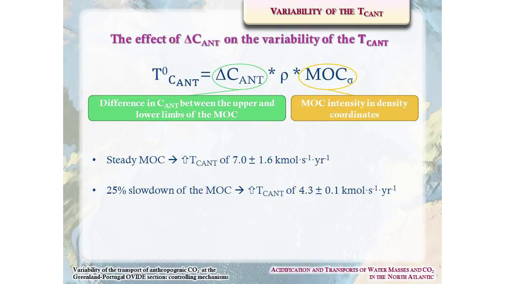And using this estimator, we can infer the relative contribution, at long time scales, of the anthropogenic CO2 increase and the circulation to the transport of anthropogenic CO2 across the section. If we assume a steady meridional overturning circulation of 16 sverdrups, the transport of anthropogenic CO2 across the section estimated by our estimator increases at a rate of 7 kmol per second per year.